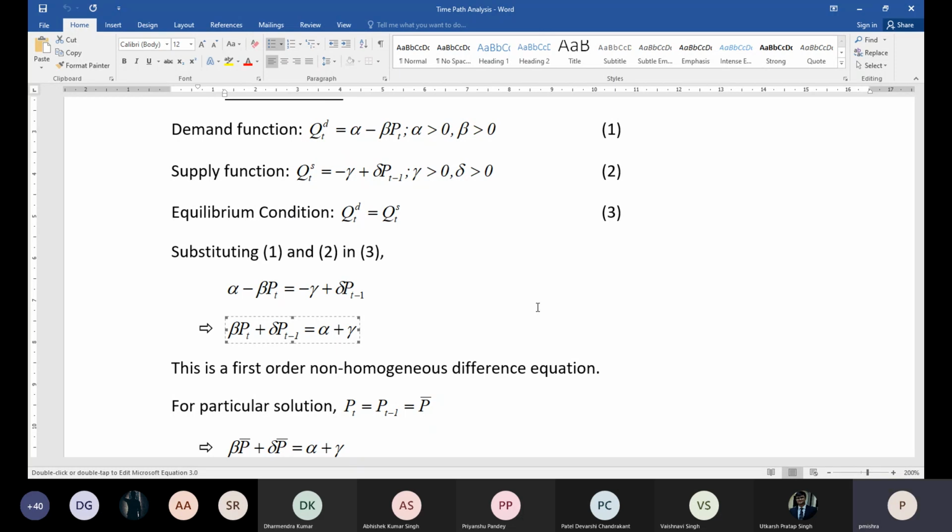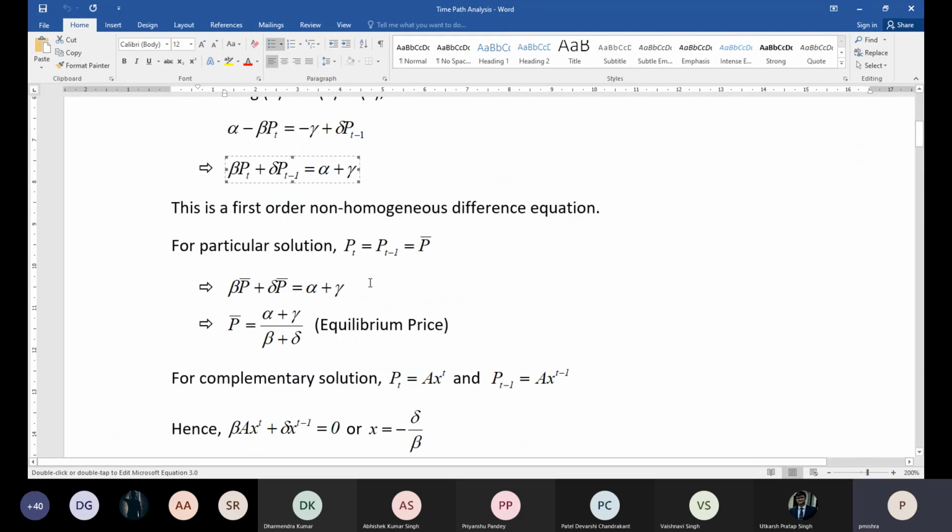This equation can also be expressed as an autoregressive function. You can see I can express here Pt as a function of Pt minus 1. And when I specify that a particular variable is generated from its past values, and if I extend that line in the process, this may help in forecasting.